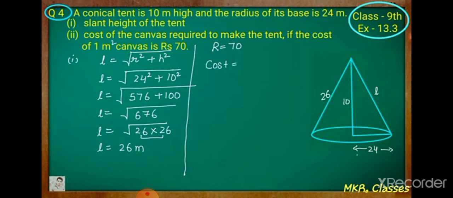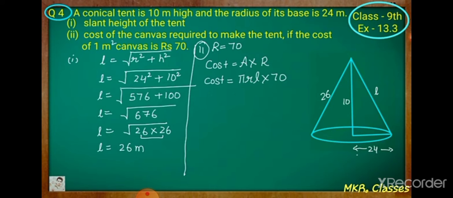Now the second question is the cost of the canvas required to make a tent if the cost of 1 meter square is rupees 70. So as we know, cost is equal to area into rate. So our area, first we have to find the curved surface area, that is pi r L. We can find area by pi r L formula, and the rate is given, 70.